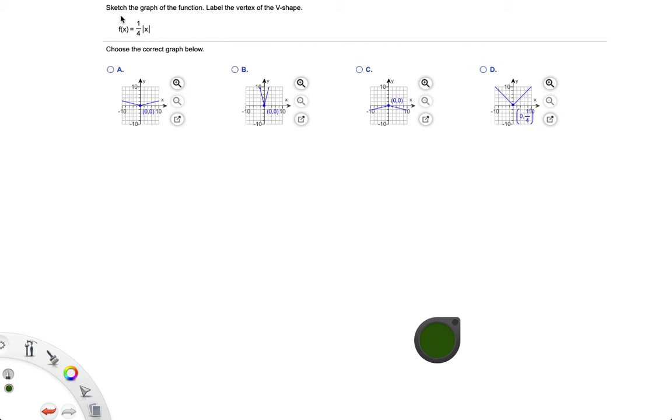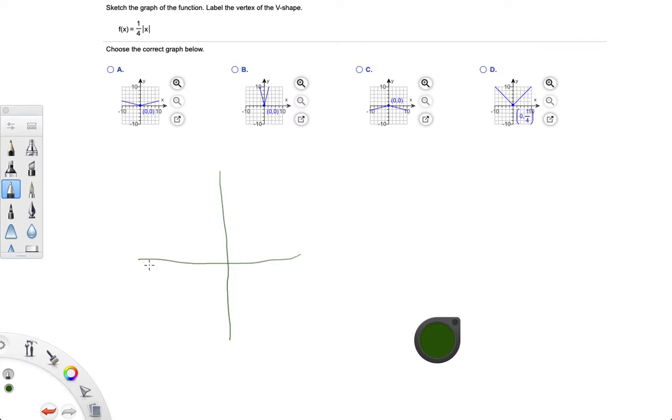So the inside of the absolute value always comes out to be positive. It's asking us to graph 1/4 absolute value of x. I'm going to sketch this the best I can. If x equals 0, everything equals 0, so we have the point (0, 0).